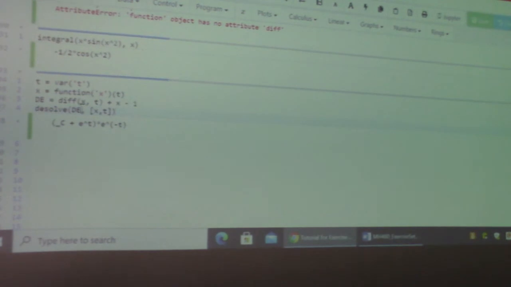Huh. So if we wanted to look at the second order, like part A earlier, I think the notation for that would be like diff. Maybe? There's probably a better way to do this, but diff xt plus x equal to 0.